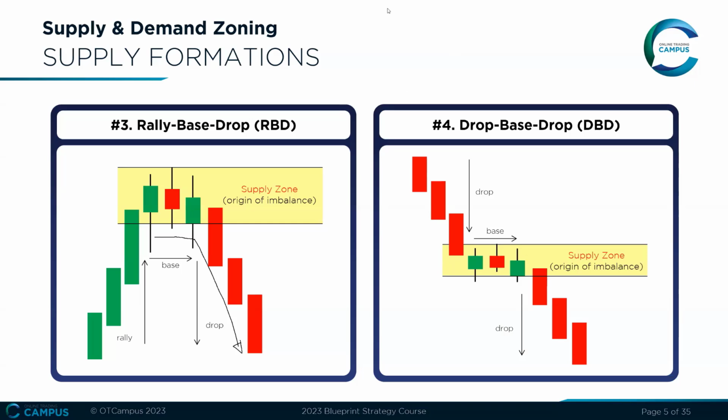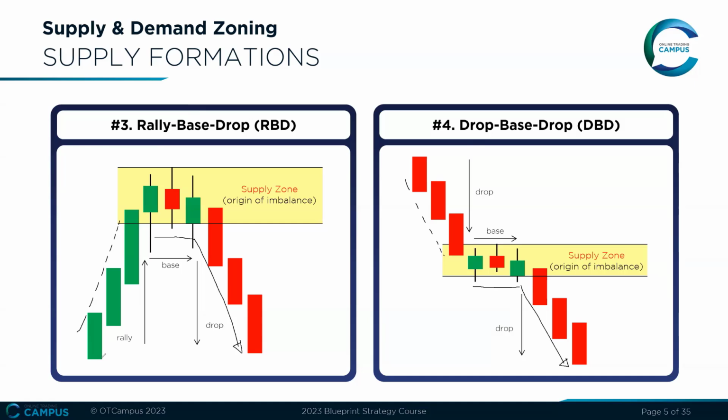What's most important for us here again is the base of price and then the decline. Whatever happens before that, either a decline or a rally, that really doesn't matter too much. It's just going to be a difference between, is this a rally-based drop or is this a drop-based drop?